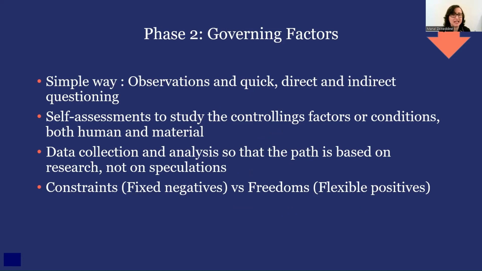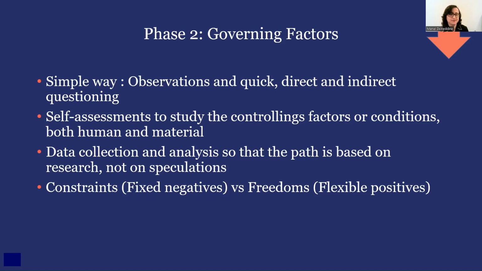Phase two, for example, here we have to consider the governing factors. So in its simplest way, it's mainly observations, because it's through observations that we can see what is all around and then go through with the process, move forward. So it starts with the observations and those quick, direct and indirect questioning. We can also do self-assessments to study the controlling factors or conditions. And here, obviously, they are on both levels, human and material.